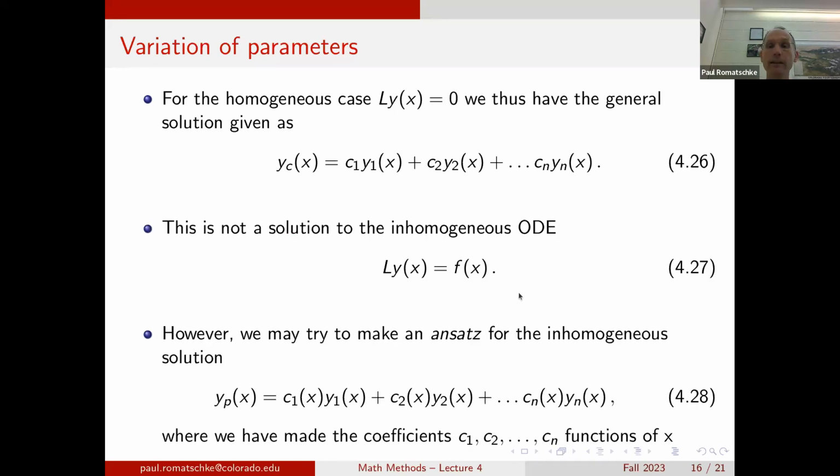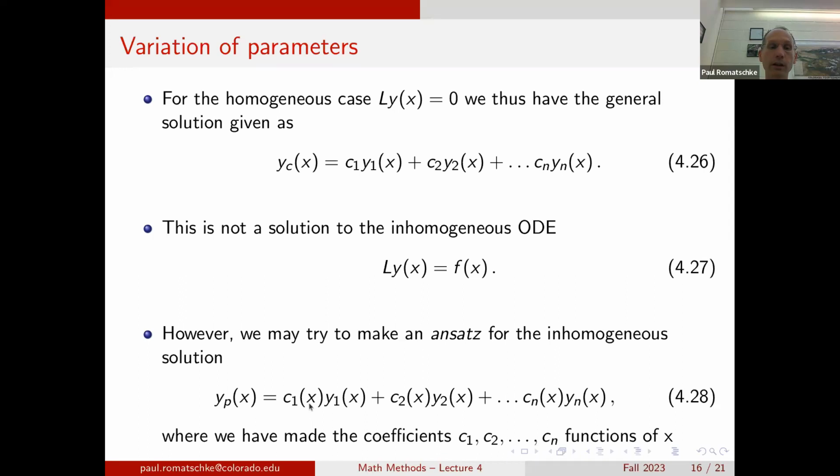However, we can make an ansatz for the inhomogeneous solution, which I call y subscript p for particular. And this ansatz looks formally very similar to the solution to the homogeneous ODE, which is up here. But now the coefficients c1, c2, and cn, which previously were constants in the case of the homogeneous ODE, are now allowed to be functions of x individually.